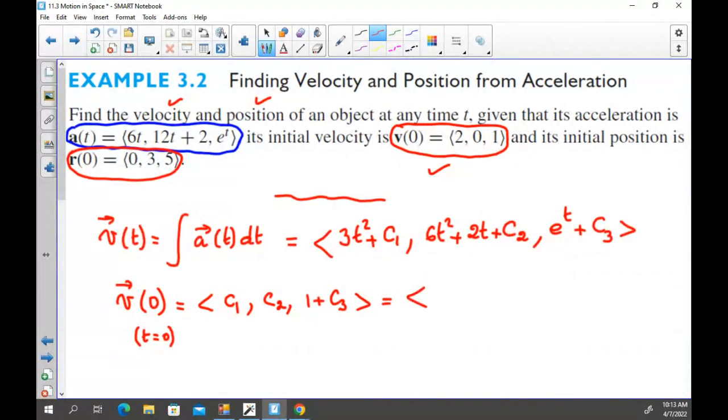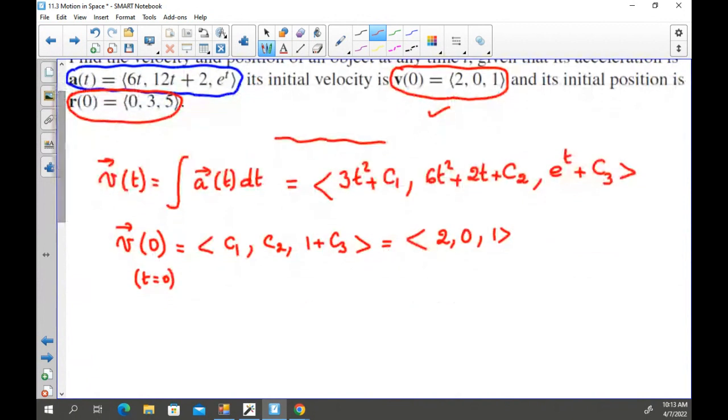And we are told that this v of 0 is which vector? 2, 0, 1. So that means C1 is 2. First result.